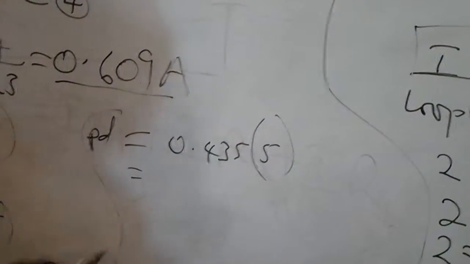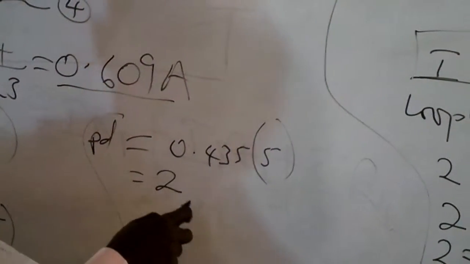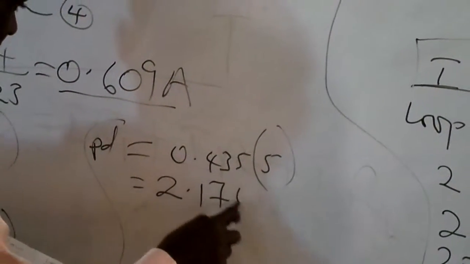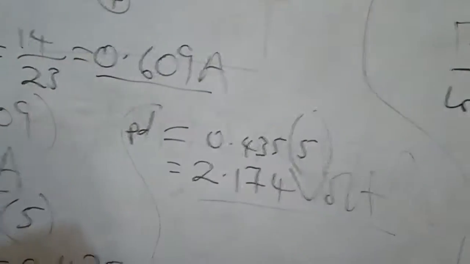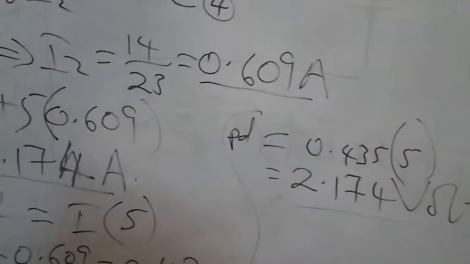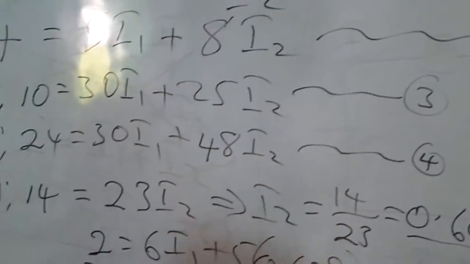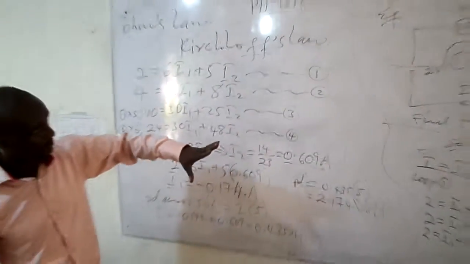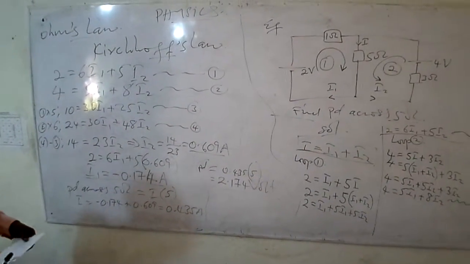And we are going to have our final result as 2.174 volts, as our potential difference across the 5 ohm resistor. As you see, we have applied Kirchhoff's laws to solve for the PD across the 5 ohm resistor.